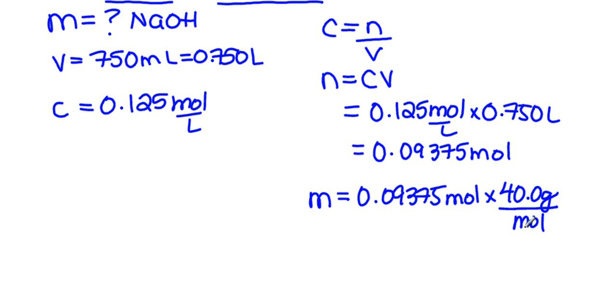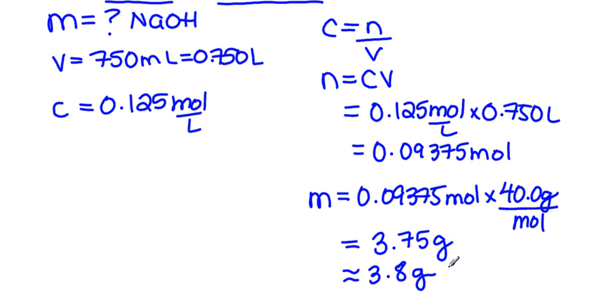You can see your units are going to cancel out, and it should give you about 3.75 grams. But again, don't forget about significant digits. When you go back and look at the question, 750 is just 2 significant digits. So here, make sure you round to 2 significant digits.